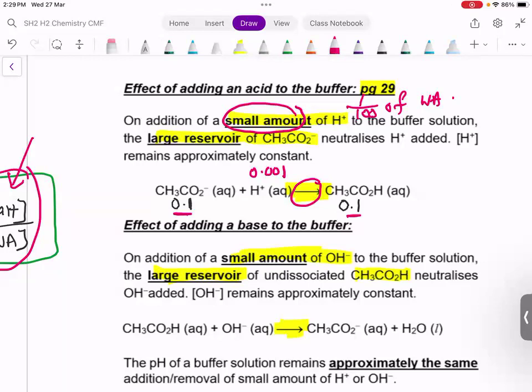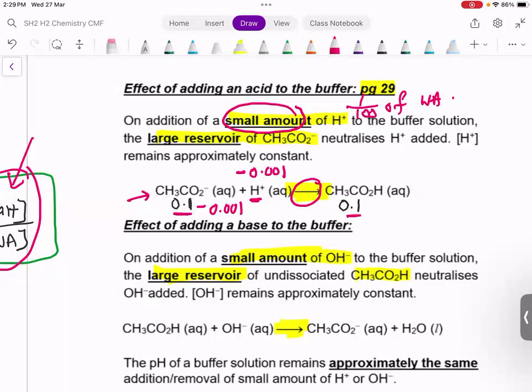Yeah, so this will be completely reacted away by the large reservoir of your conjugate base. So this will be reacted away, then this will drop. Agree? According to this equation, your A minus, your conjugate base, is the one that removes the H plus.